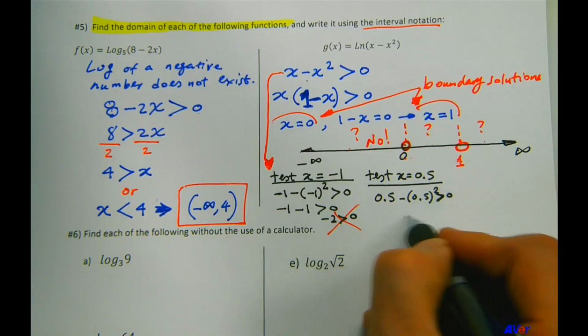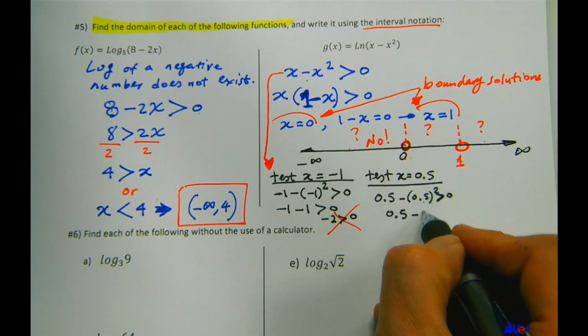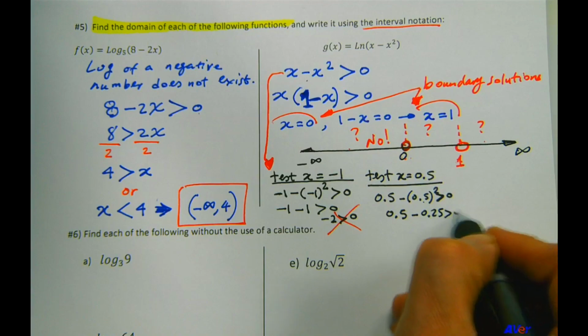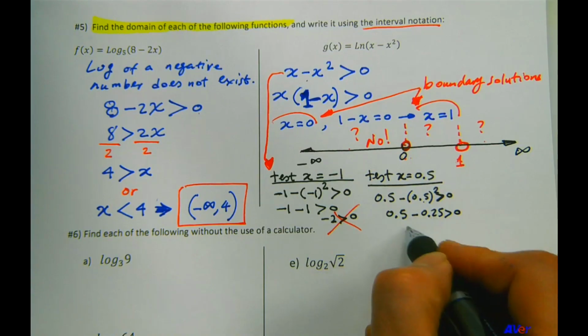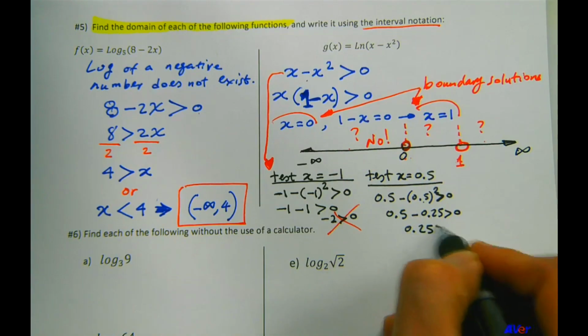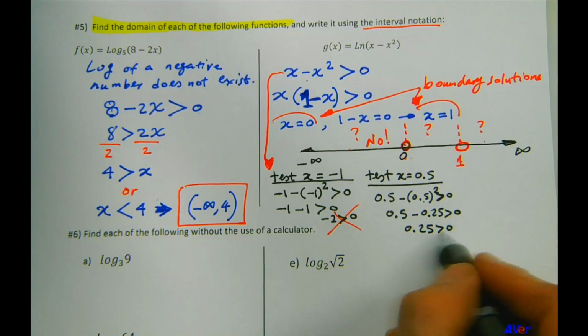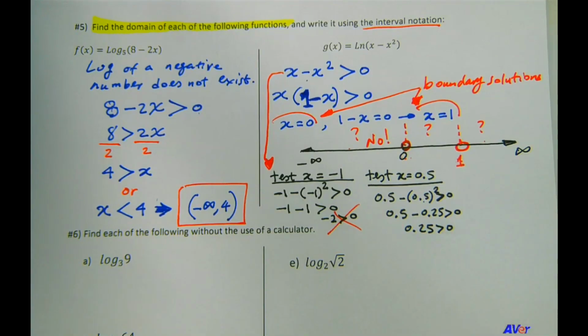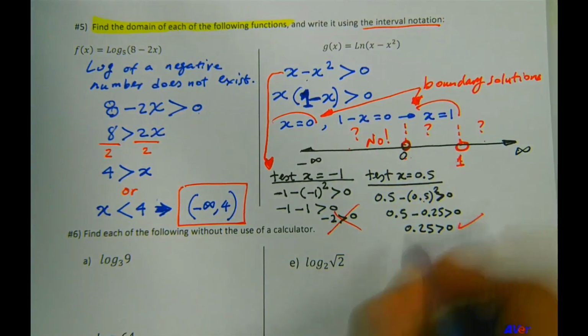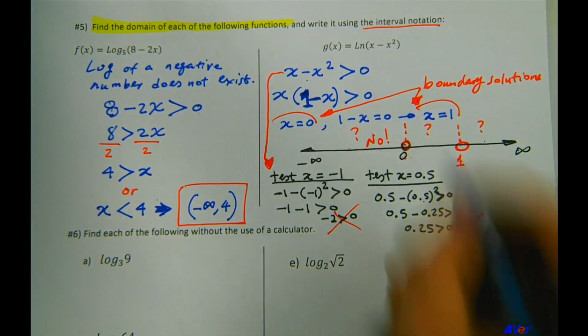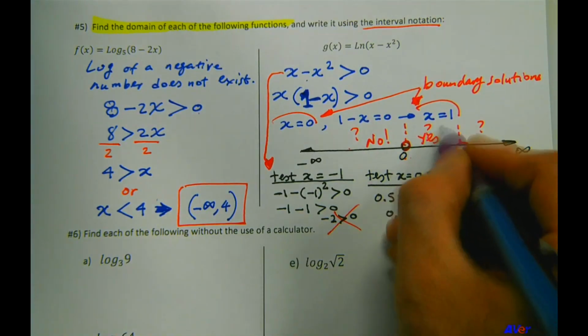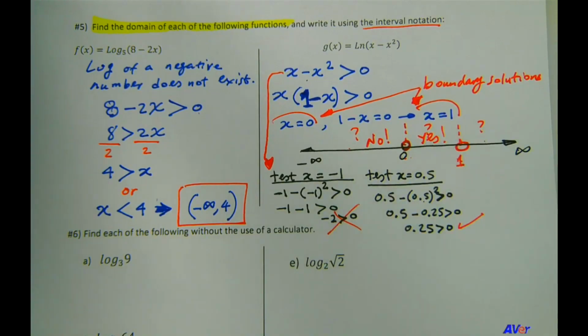We're checking that. 0.5 squared is 0.25, and then 0.5 minus 0.25 is positive 0.25, greater than 0. Is this a correct statement? Yes. 0.25 is greater than 0. So yes, this region is an acceptable solution for that natural log function.